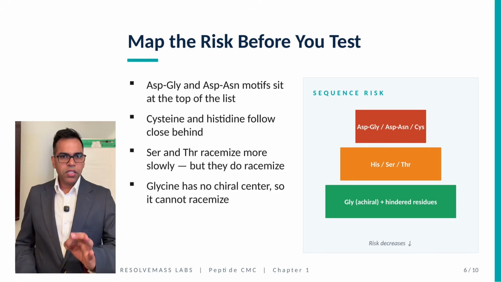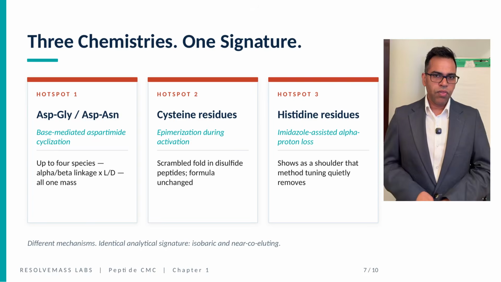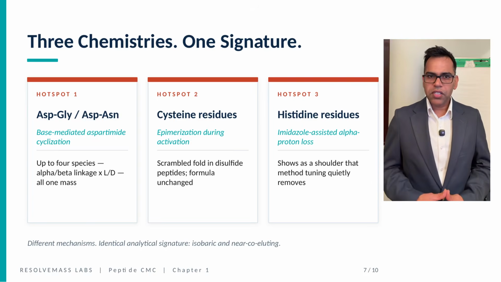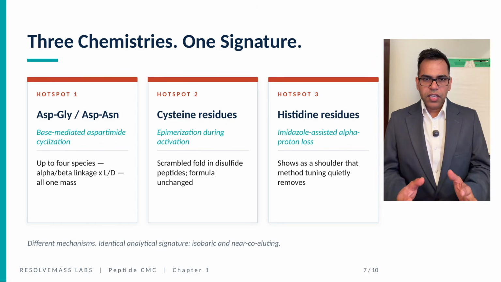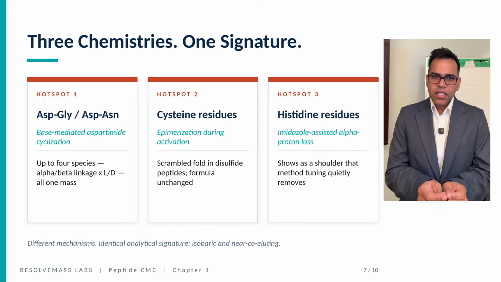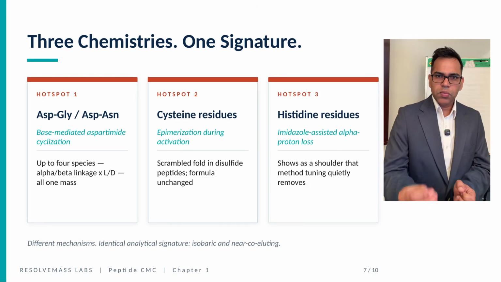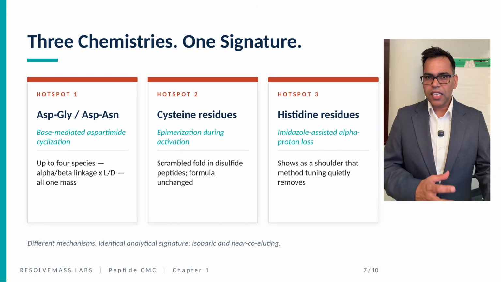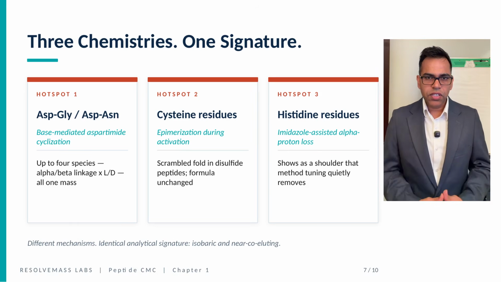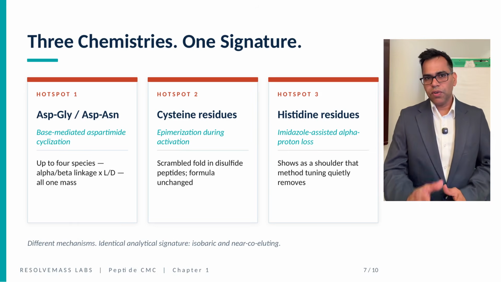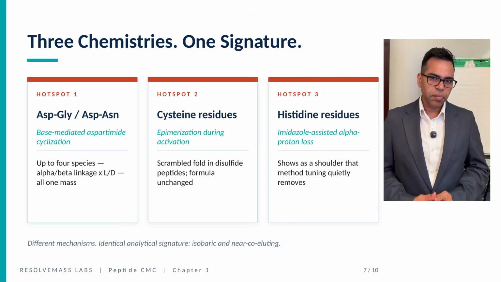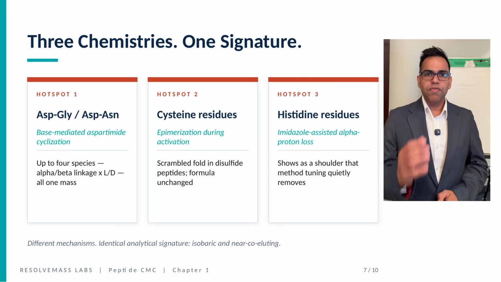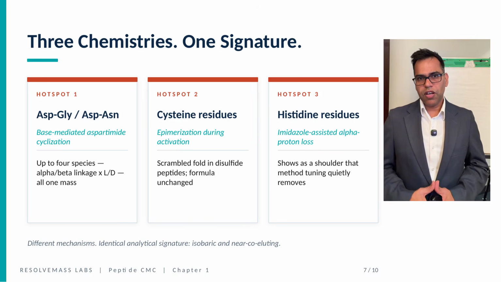Three chemistries, one signature. Those hotspots produce different chemistry and the same analytical signature. The aspartimide route yields up to four related species, alpha and beta linkage, L and D configuration, all sharing one mass. Cysteine racemization in a disulfide peptide can scramble the fold without touching the formula.